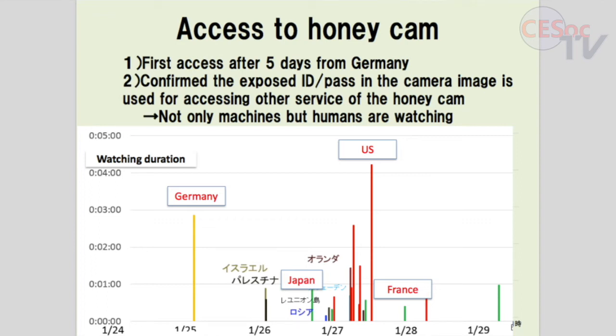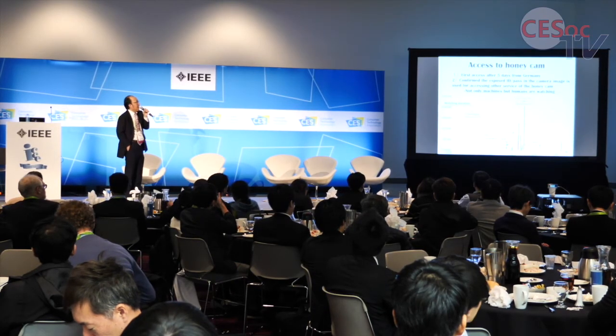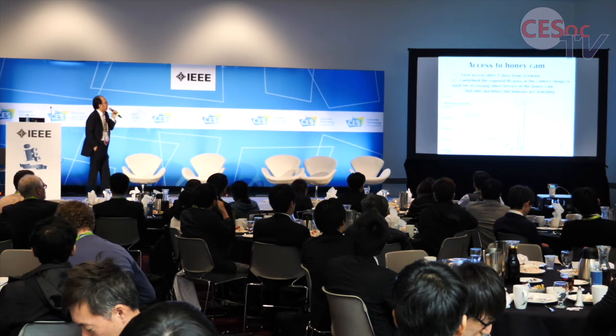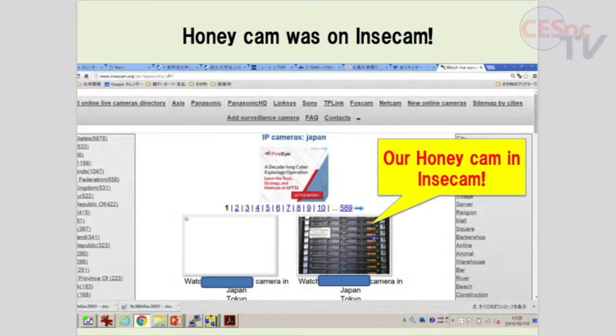And we confirmed that the first ID and password, written in the camera image, was used for accessing other services of the honeypot. This means not only machines are reading such data, but humans may be watching.